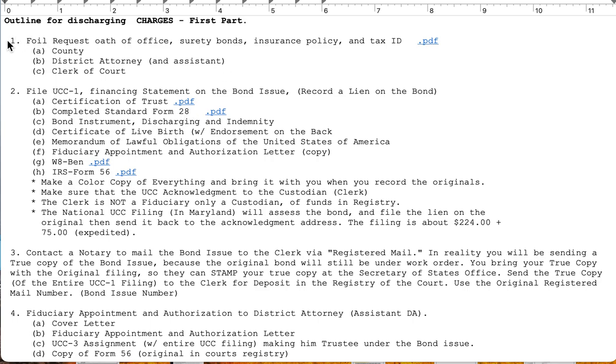Now, let's go on to the next step. This is before we've done anything. We've got their surety bonds. Why? Because when we give our fiduciaries the fiduciary appointment and authorization contract with our surety bond and instructions to discharge the matter, we are relying on their oath and their surety bond as collateral under our binding contract that we formed with them when we accepted their oath of office.